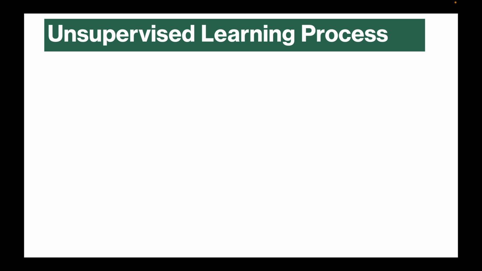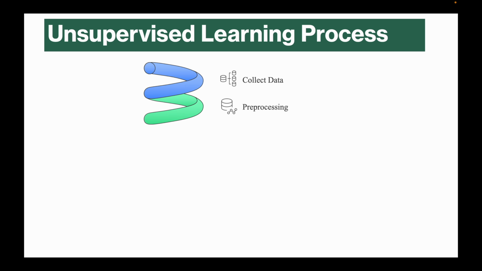Unsupervised learning process. Now let's discuss a basic unsupervised learning process. The first step is to collect data. At first we collect raw data like text, numbers, images and so on. Then pre-processing. We clean the raw and unlabeled data by handling missing values, removing repetitive data, normalizing and so on. Then there is model selection. We choose machine learning algorithms such as clustering.